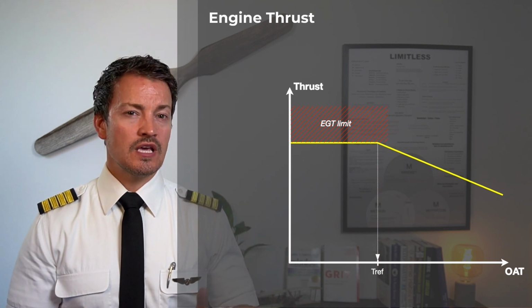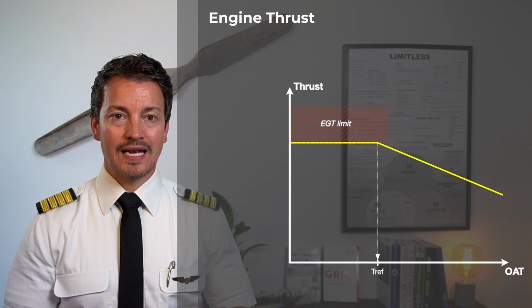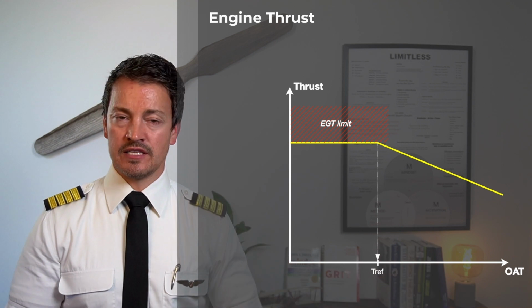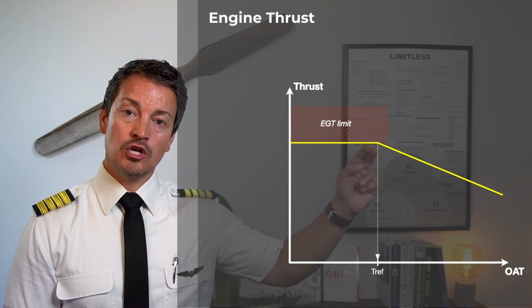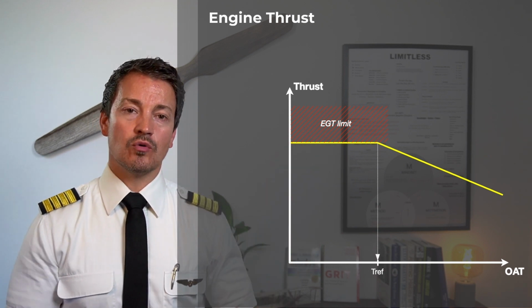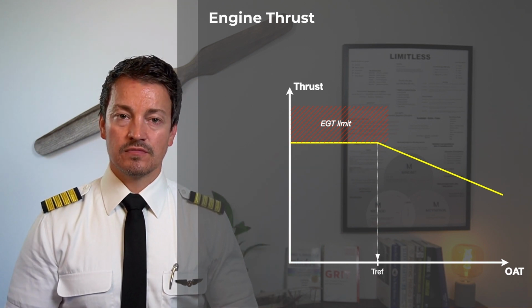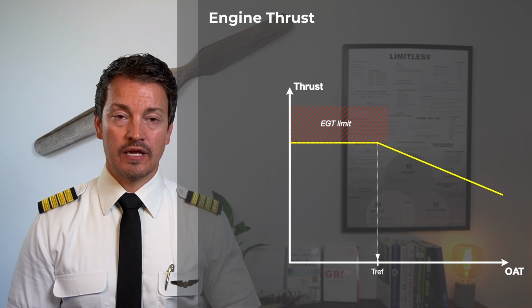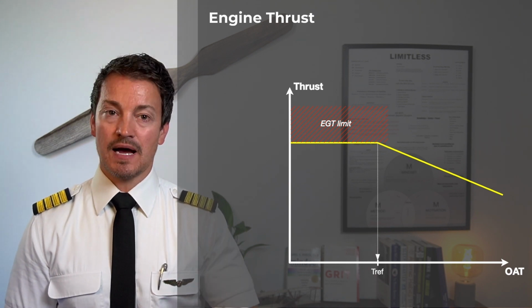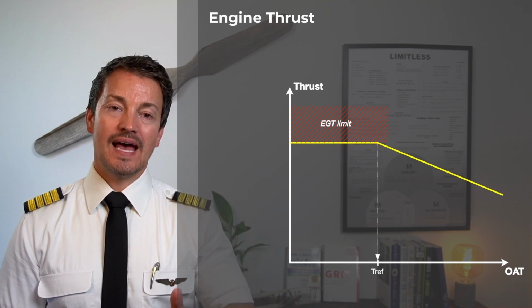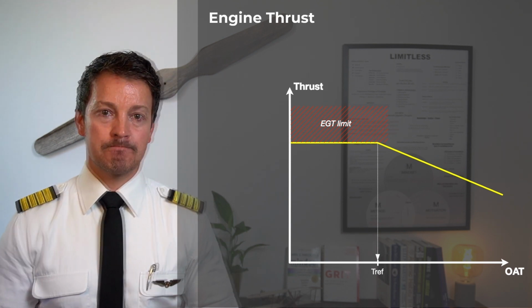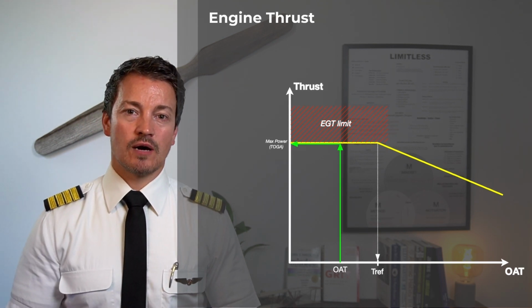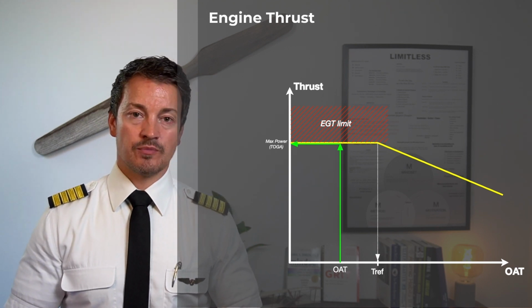For every 1 degree above that temperature, we get less and less power out of the engine. But at any temperature below that, any degree below, the engine will not produce more power. It will just be able to produce the same power, but at less effort within the engine. That's not for us to decide. And how does that relate to us when it comes to the actual flexible temperature?